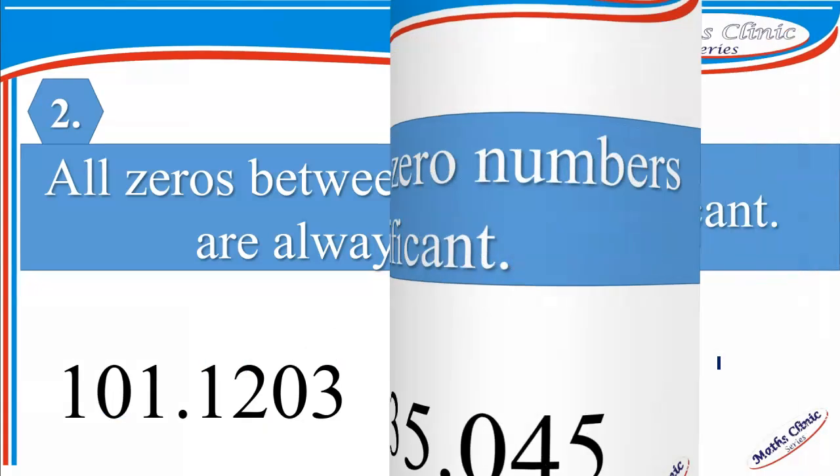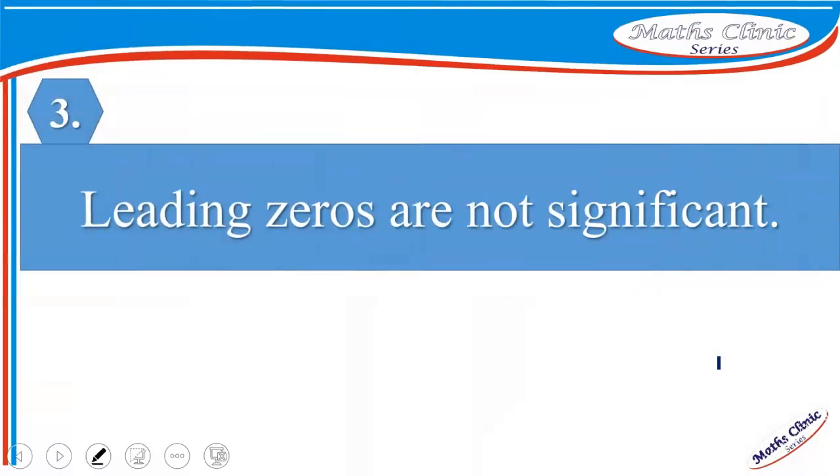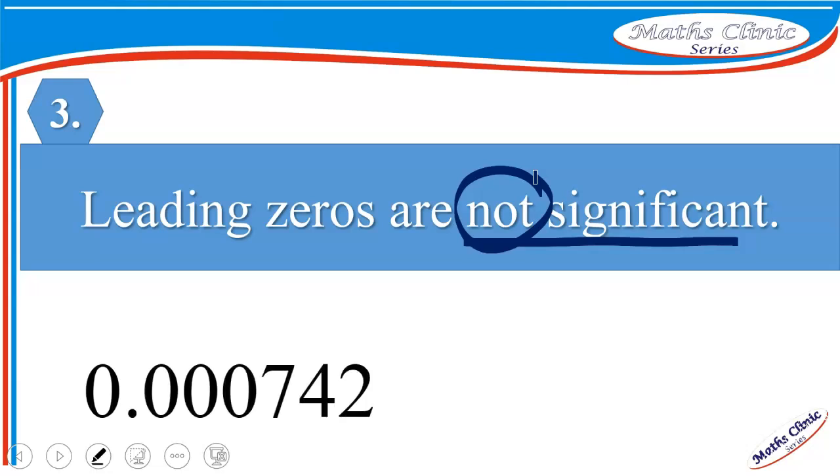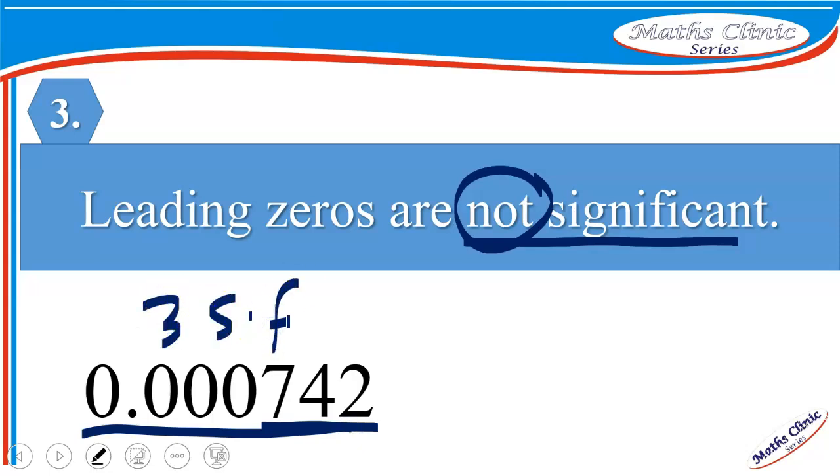Let's continue. Rule number 3. Leading zeros are not significant. Take note, they are not significant. Anytime you have leading zeros like this, 0.000742, here only these three numbers are significant. So the whole of this number has 3 significant figures.